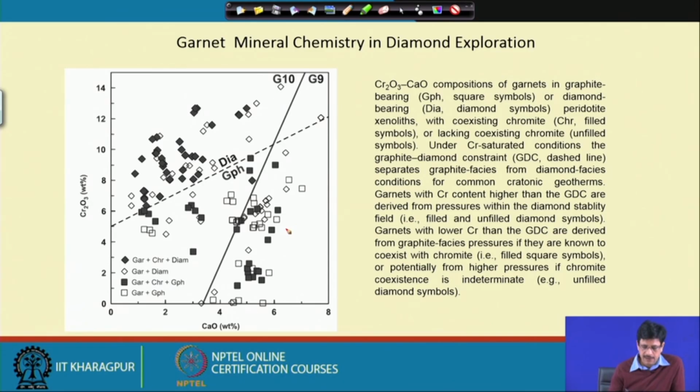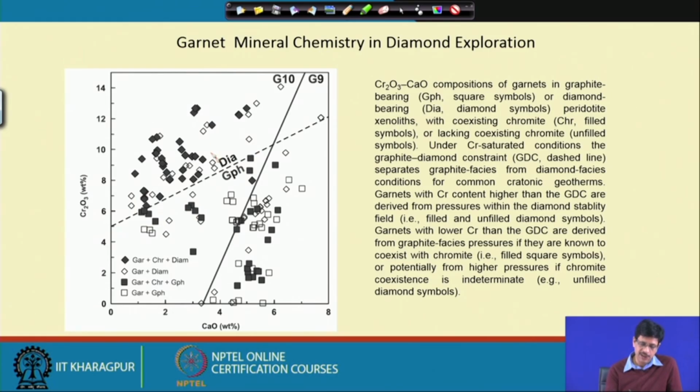So, on this diagram, the diamond versus graphite boundary is also plotted, and the diamond field is here, along with the G10-G9 boundary on the compositional characteristic of their relative chromium oxide versus calcium oxide. That means the ones which are more calcic are the G9 garnets, and the ones falling here are the G10 garnets.